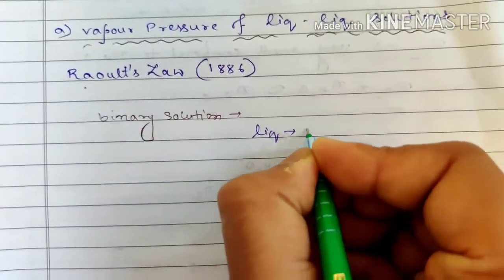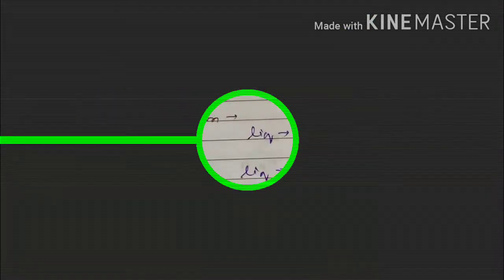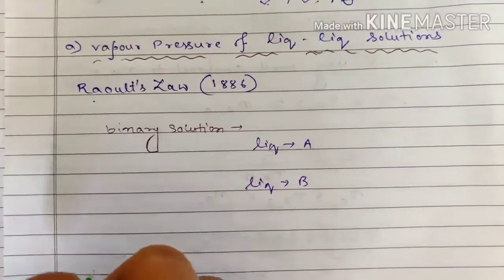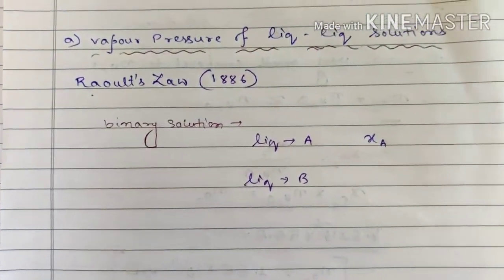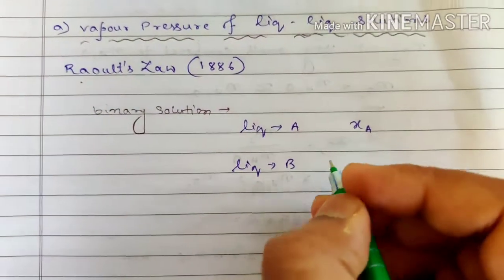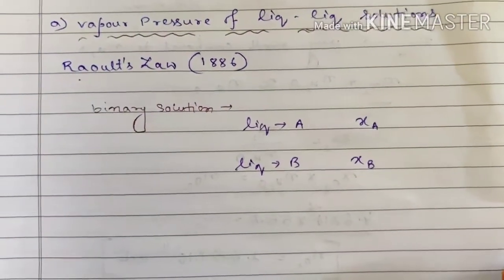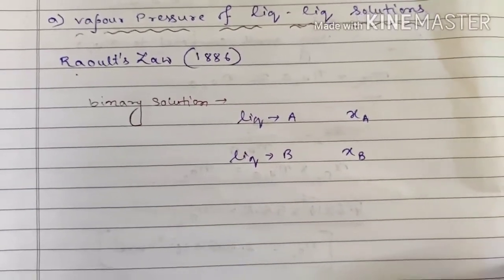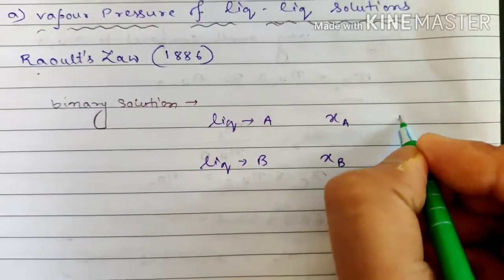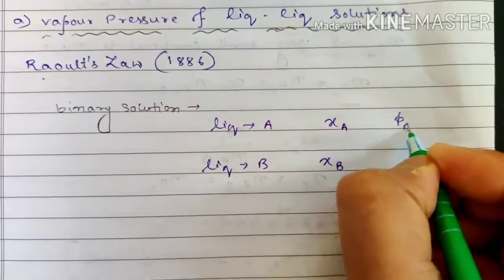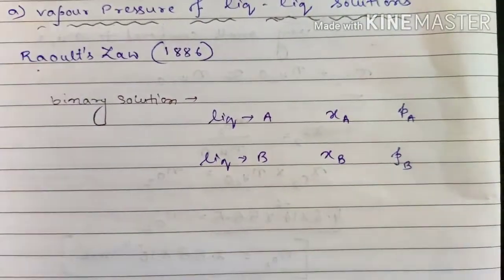One is liquid A, another is liquid B. Suppose for liquid A the mole fraction is XA, and for liquid B the mole fraction is XB. Similarly, for A the partial vapor pressure will be PA, and for B the partial vapor pressure will be PB.